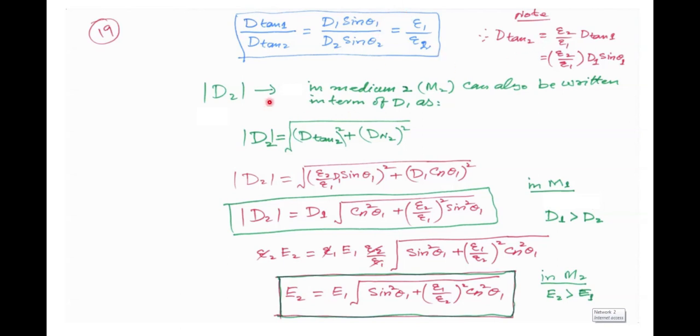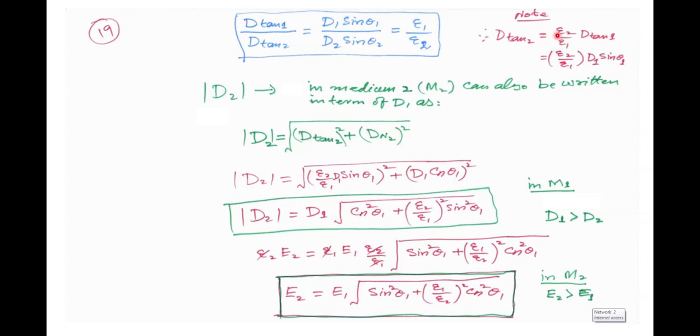So let us determine the magnitude of the D field in material 2 in terms of D1. The magnitude of the D2 field is equal to the square root of the square of the tangential component Dt2 plus the square of the normal component of the D2 field.